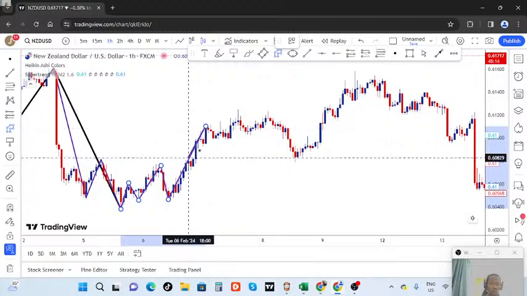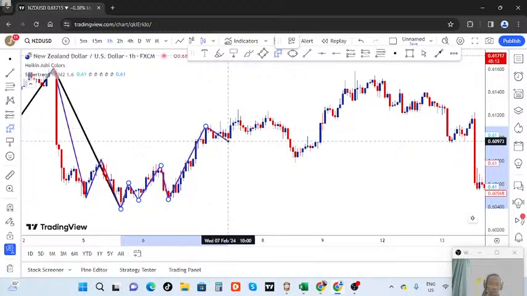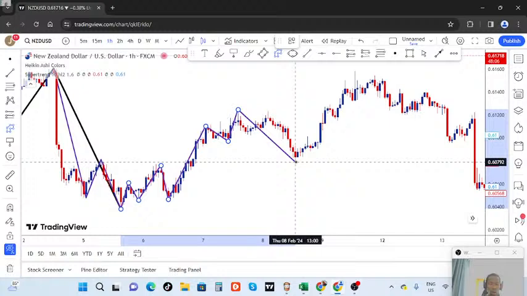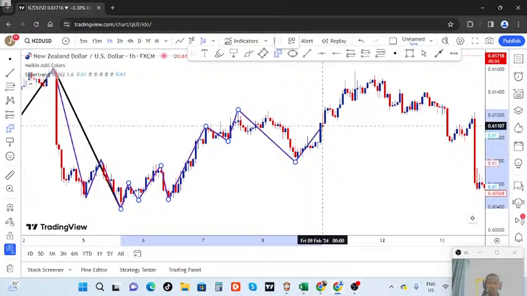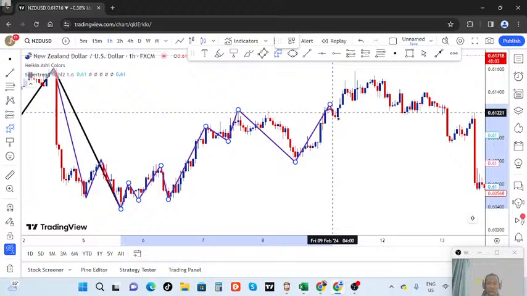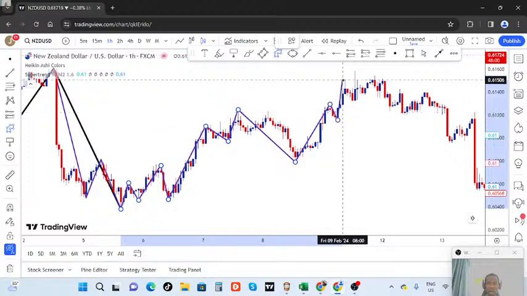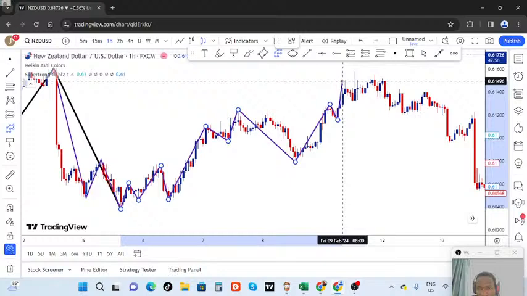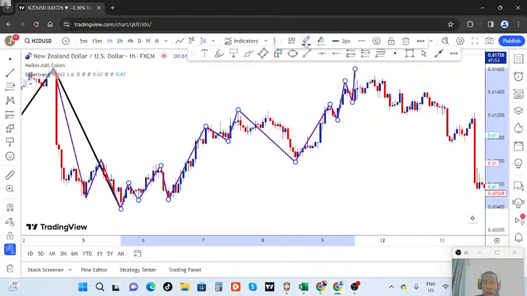So we're just going to move on like this, higher highs, higher low, higher high right here, and the market made this long lower lows, and it went all the way up again, started making higher highs, higher lows, and we have this. Higher highs, higher low, and higher high right here.